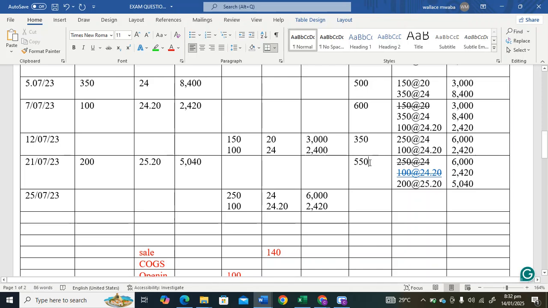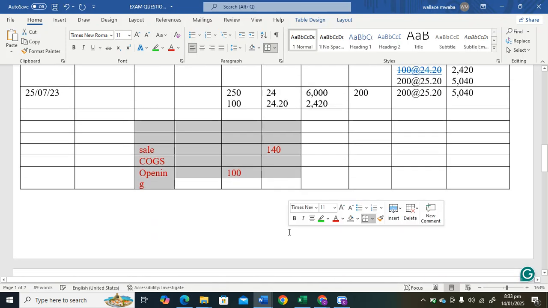So we had 550 goods, 350 have been sold, so we remain with a balance of 200 goods. 200 times 25.20, 5,040 kwacha. So that is the value of our closing inventory.